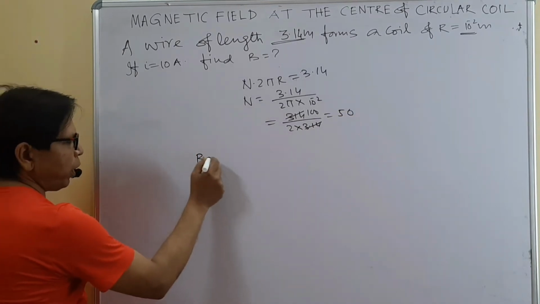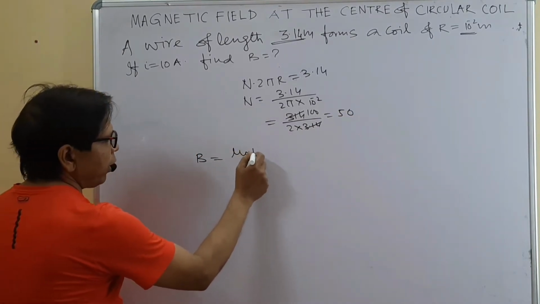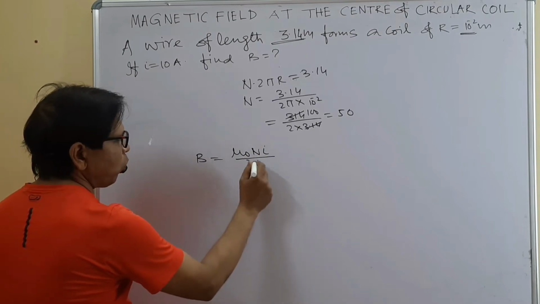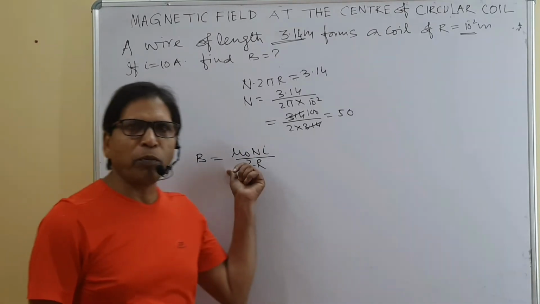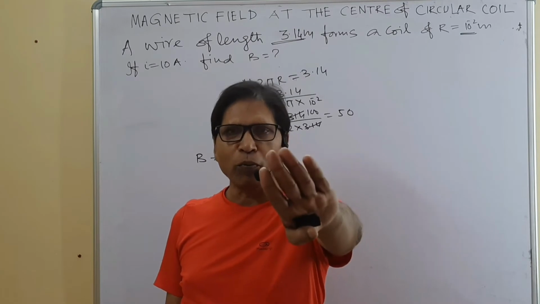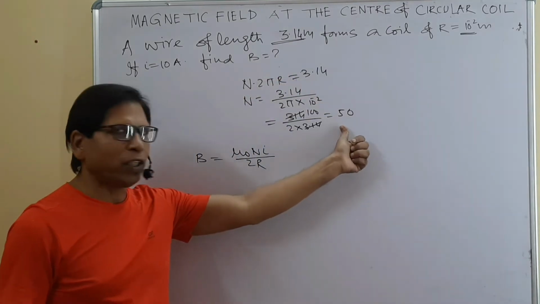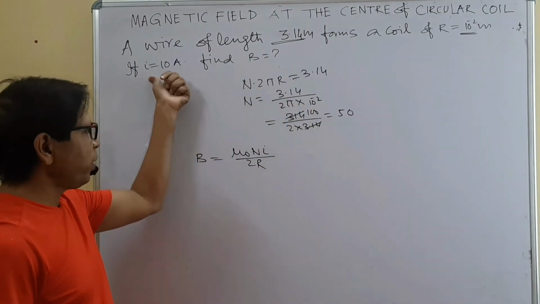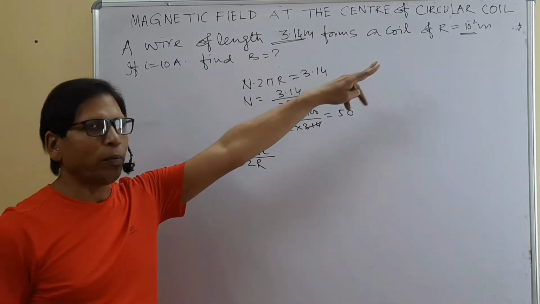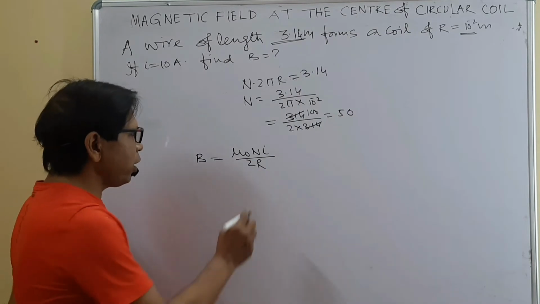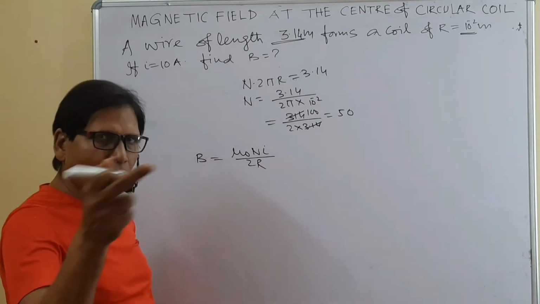Therefore magnetic field B equals mu naught N I divided by 2r. Now what is mu naught? Mu naught equals 4 pi into 10 to the power minus 7. Now here N equals 50, I equals 10 ampere, and r is 10 to the power minus 2 meter. So you can easily calculate the magnetic field. Now calculate it.